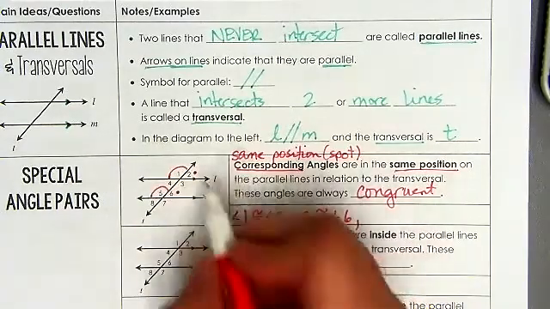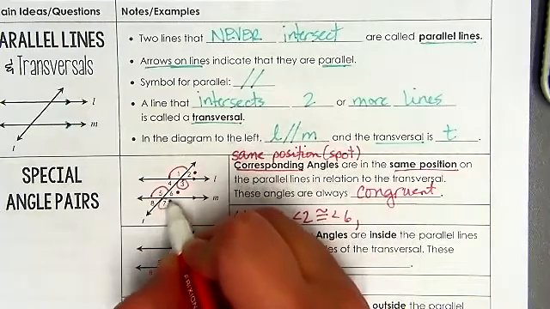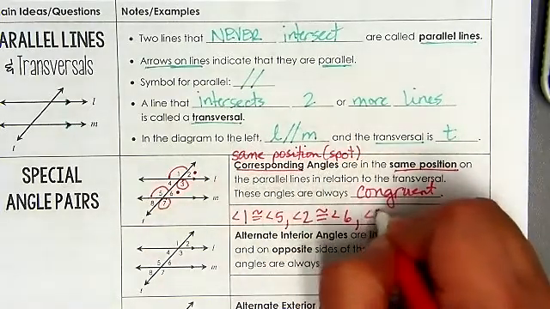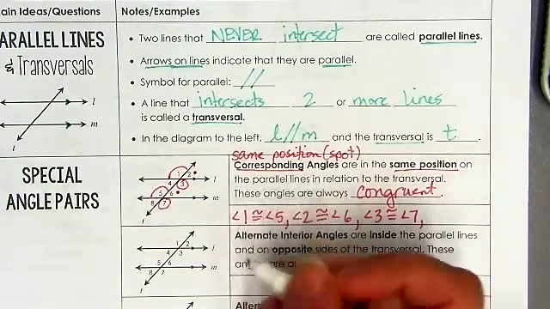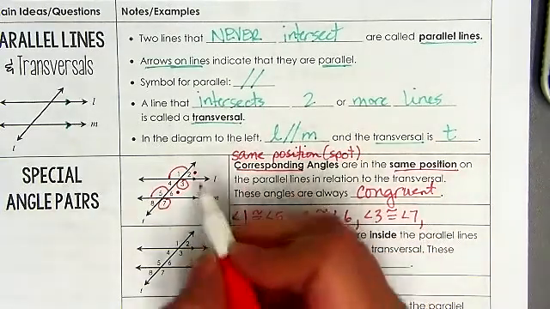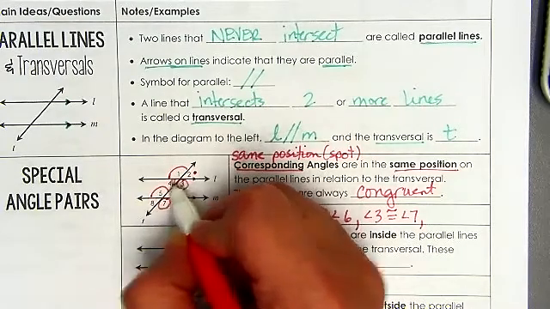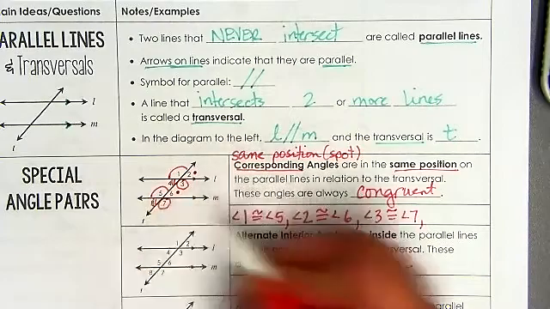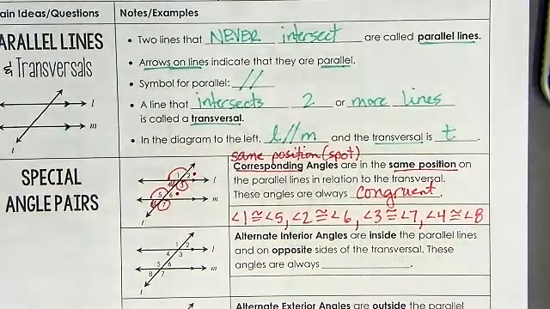And then we would also have 3 and 7. Angle 3 is congruent to angle 7. And then we would have 4 and 8. Angle 4 is congruent to angle 8. Notice there are 4 sets of angles that are called corresponding angles.